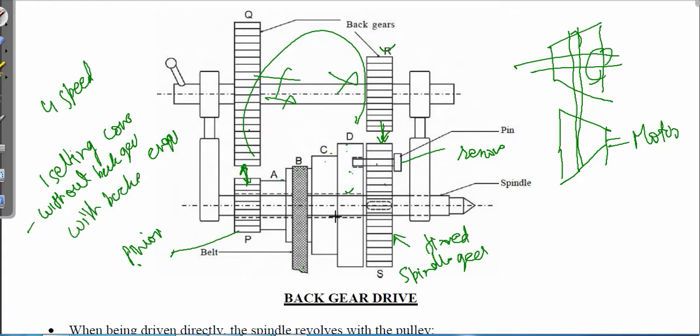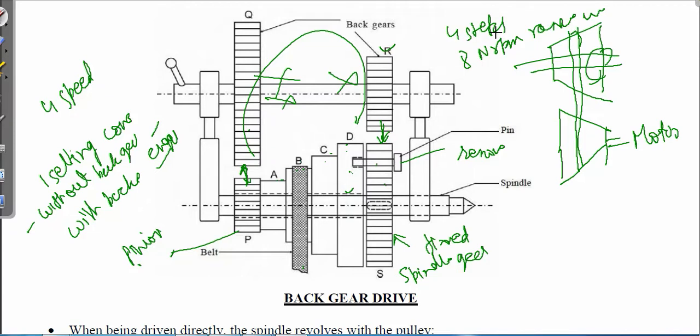So we see for every setting of this cone, we are getting two speed ranges, that is without back gear and with back gear. So if I have four steps, then a total of 8 RPM range we will get.